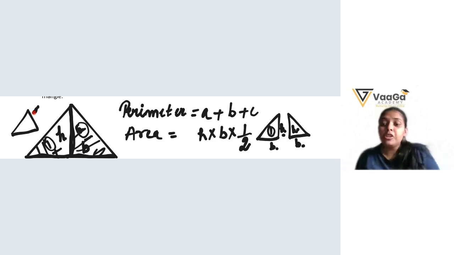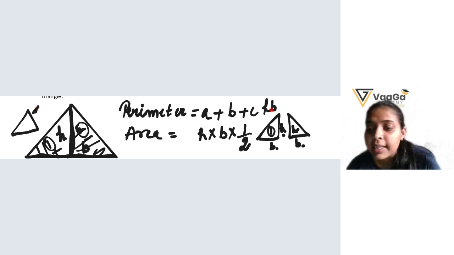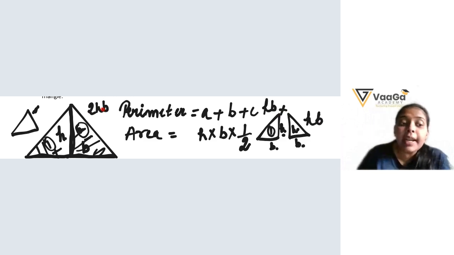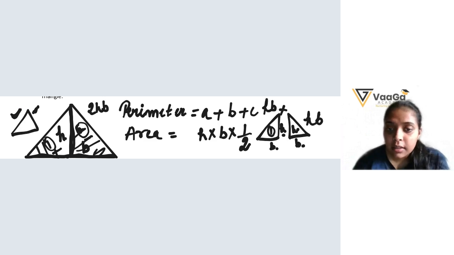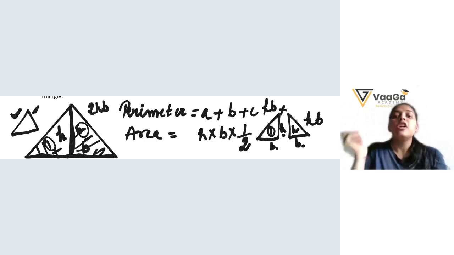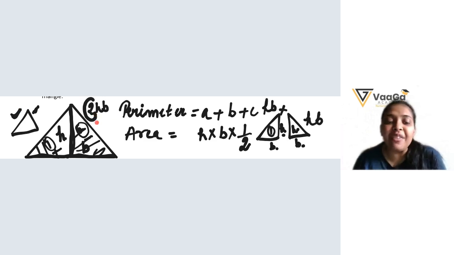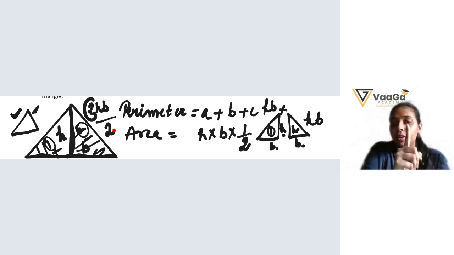So the area for this will be HB, and similarly the area for this will be HB. When I add these two, I'll get 2 HB, na? But I only had one triangle in the beginning. So to remove this 2, I divide it whole by 2, because I had only one triangle, no?